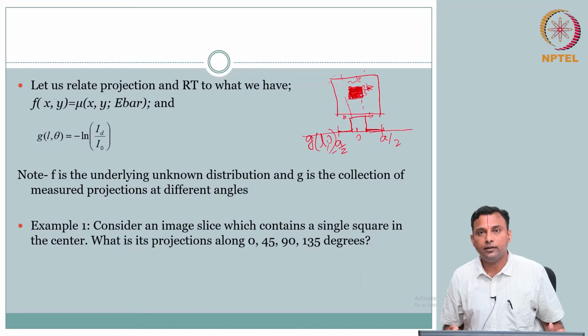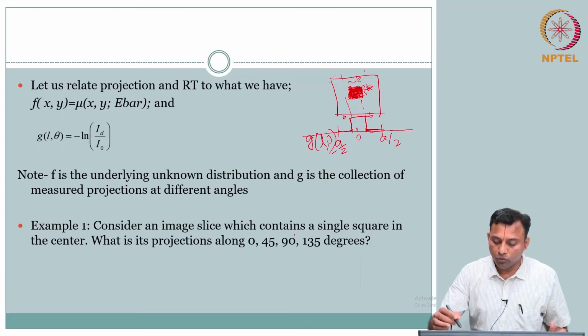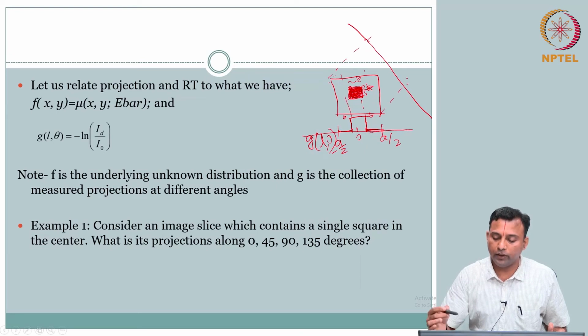Clear? So likewise you can do, say for example, 45 degrees. You have to be careful how you want to do it. Again, just for convenience, I am going to draw the amplitude on the other side. So here what is going to happen? It's going to be 0, then some non-zero value starting here until here.